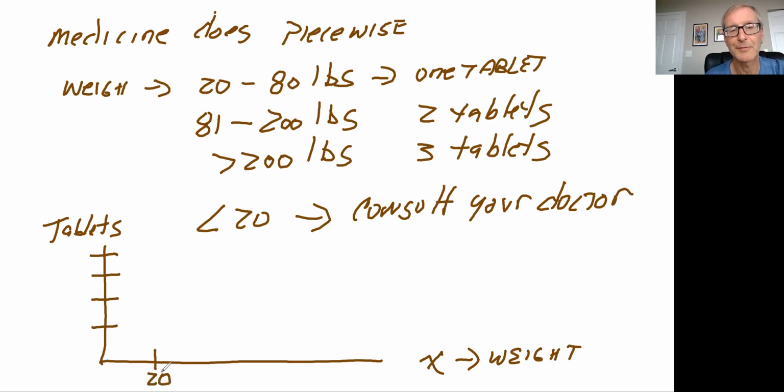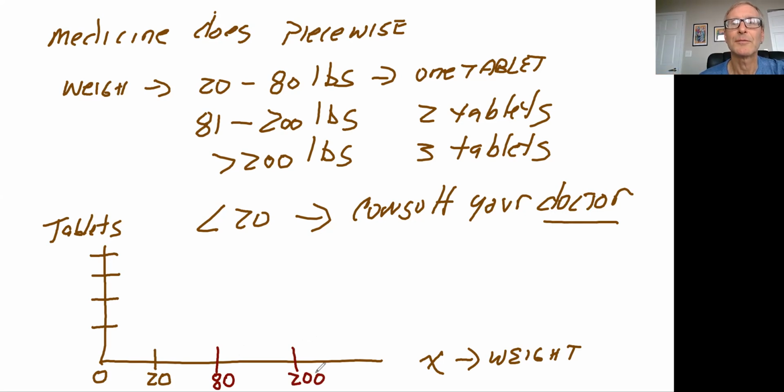So from 0 to 20 pounds, we're not going to put any recommendation because you have to consult your doctor. So what would happen if we say from 20 to, say this is 80, just putting the key numbers in here, and then this would be 200.